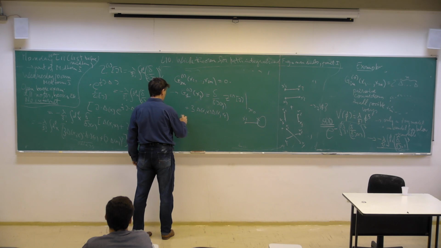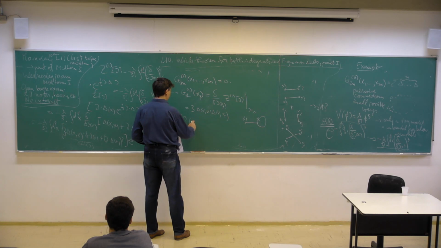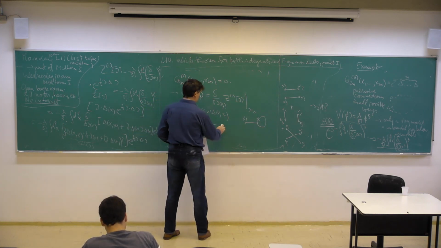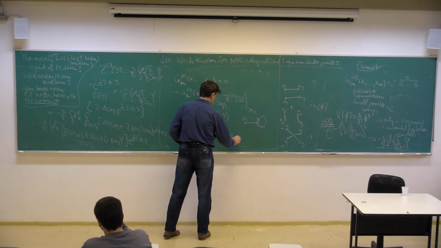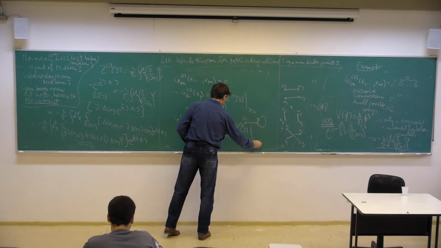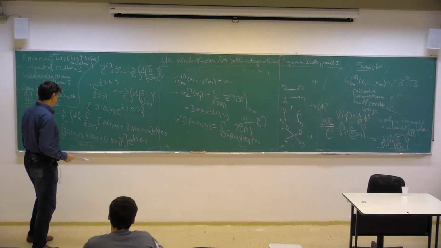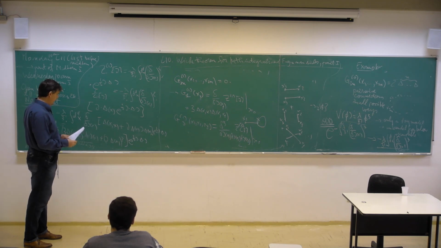Next, let's consider the 3-point function. So that's the third derivative of Z1 at j equal to 0. And then I get what? So two more derivatives acting on this.